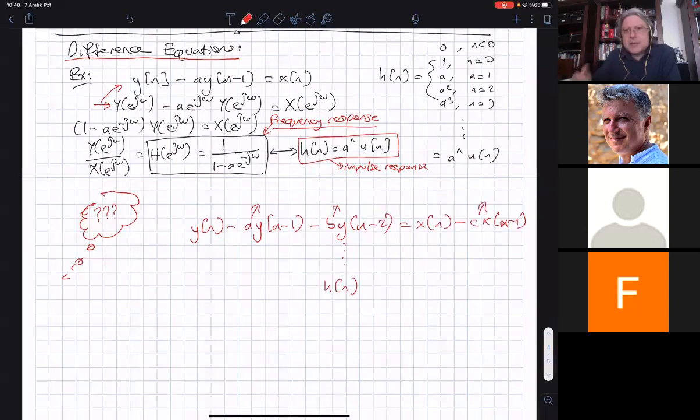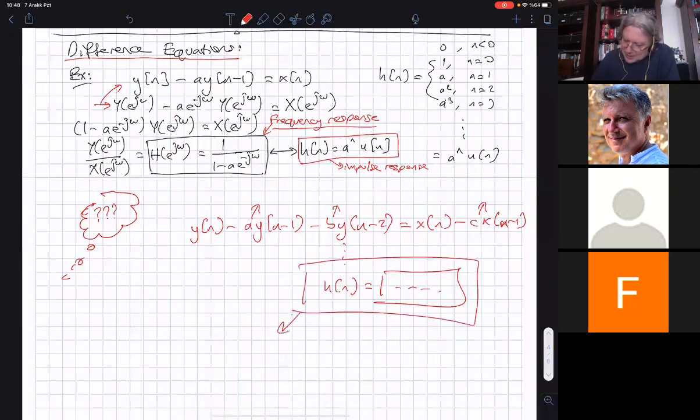I will give numerical values to that, and I will find h of n. And in the examination, I will give you this h, and ask you what is the difference equation. Is that clear? Do you understand how I'm going to ask the question in the final?